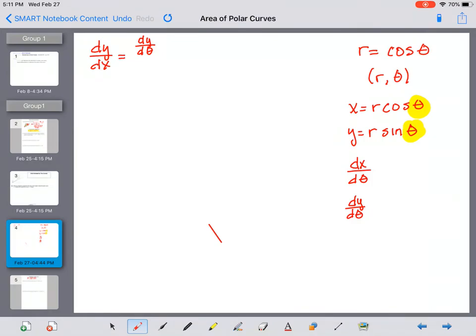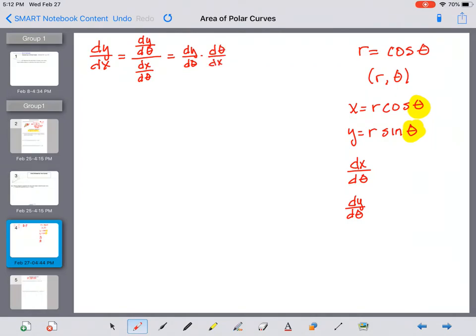The bottom of our dy over dx is actually the change of x, which in polar form can be rewritten as the change of x with respect to theta. Now this is just division of two fractions. Knowing what we know from algebra, we can simplify this by taking our numerator and multiplying by the reciprocal of our denominator.